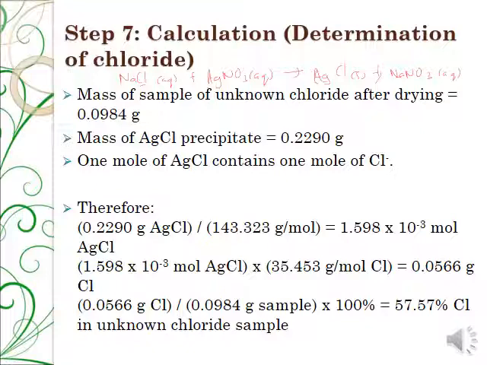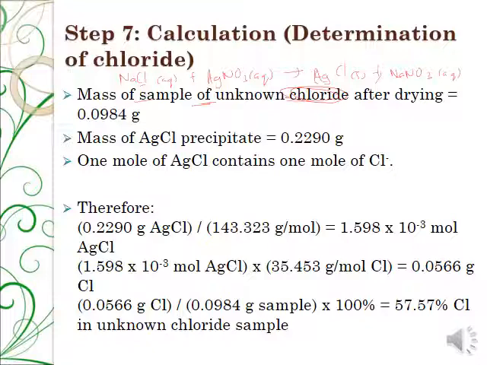The mass of silver chloride precipitate is 0.2290. Oh, okay, this one is the mass of the sample of unknown chloride after drying. Only chloride. So the mass of silver chloride precipitate is 0.2290 gram.